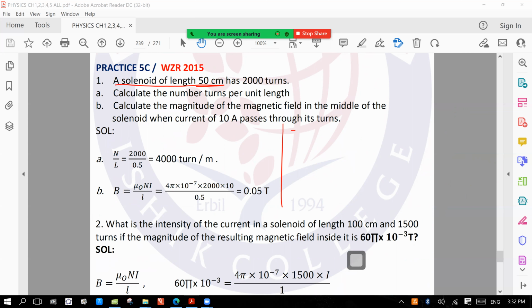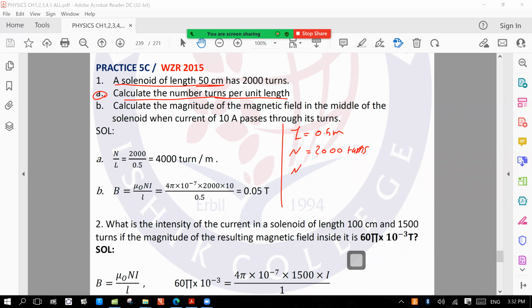So it means L is given, L is equal to 0.5 meter. And N is equal to 2,000 turns. Now the question is telling you, question A, calculate the number of turns per unit length.